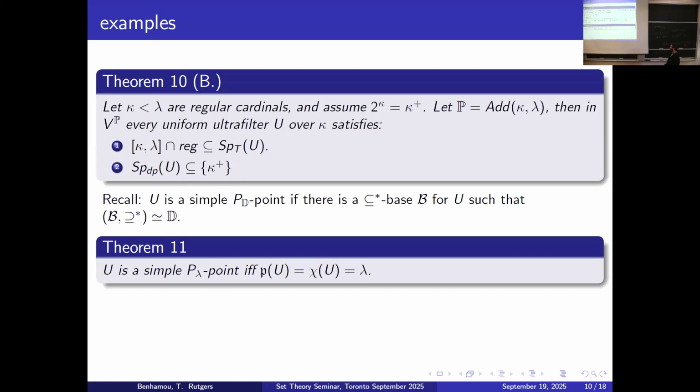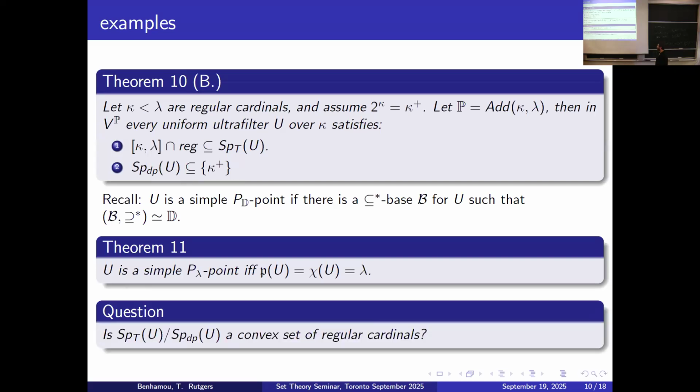This is also due to someone, and it's more general, about linear orderings, but U is a simple P_λ point if and only if the pseudo-intersection number of U equals the character of U equals λ. It's not hard to prove this, but in this situation both the spectrum and the Tukey spectrum just become a singleton. So it's a very simple ultrafilter in terms of cofinality structure.